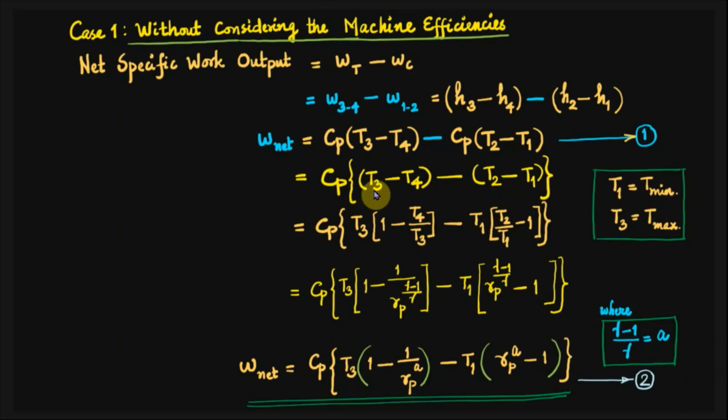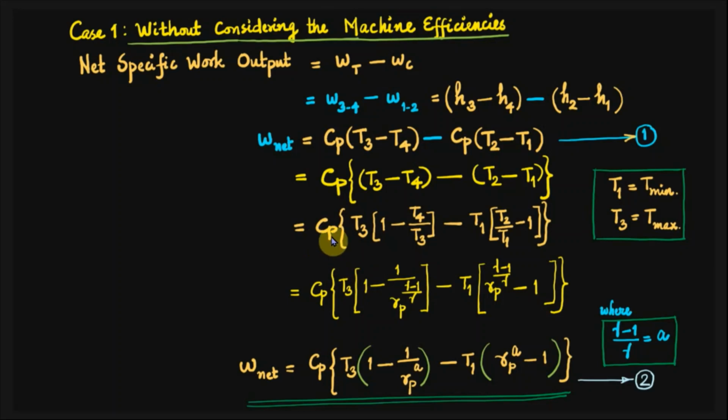If you take T3 common from T3 minus T4, what you can get is T3 into (1 minus T4 by T3). And if you take T1 common from T2 minus T1, then what you can get is T1 into (T2 by T1 minus 1).